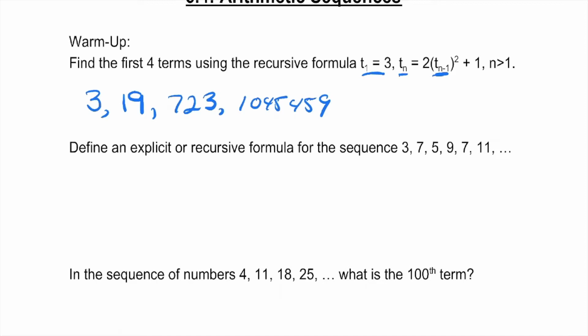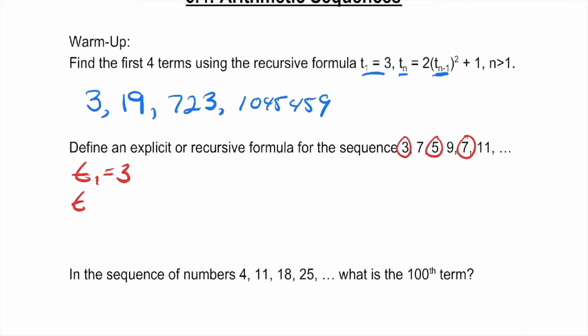The first one I'm going to do is actually the easier one. If we break the sequence down into 2, we could see a little bit better. So I'm going to highlight the first, third, and fifth terms, and we can see a pattern there that it's going up by 2. For this one, the first term is going to be 3.